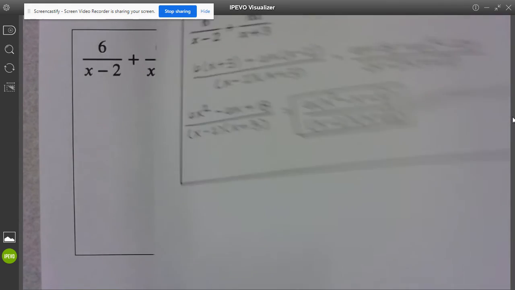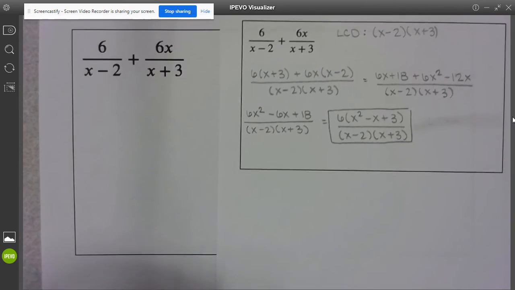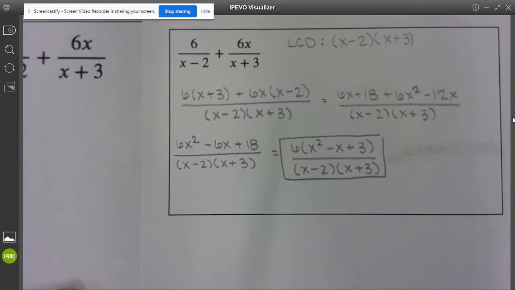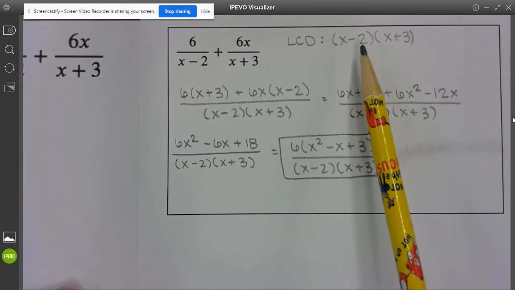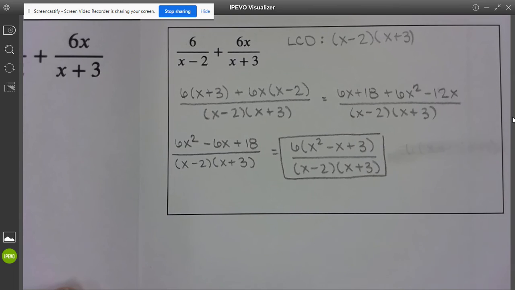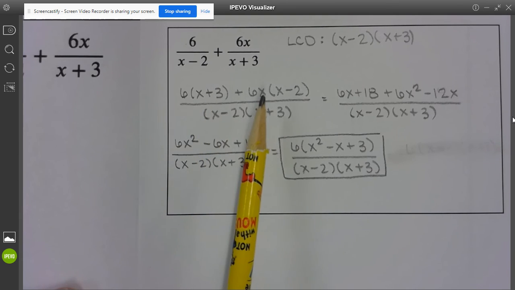All right, so hopefully you actually paused the video. So looking here, focus that up a little bit. So my common denominator is the 2 just multiplied together. The first one is missing x plus 3, so I multiplied by x plus 3. Second one was missing x minus 2.